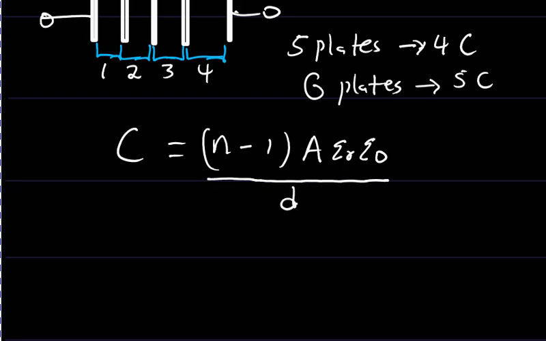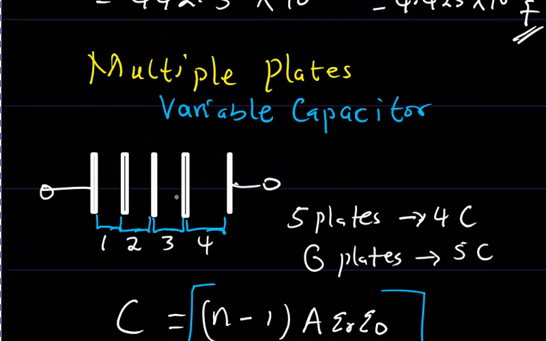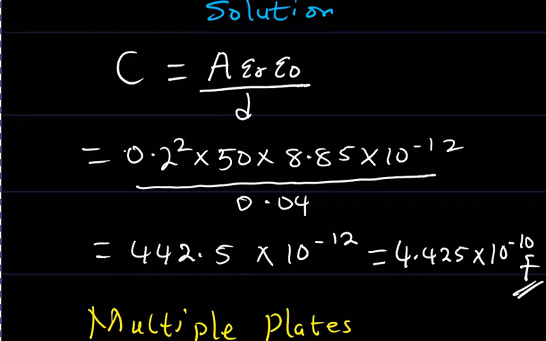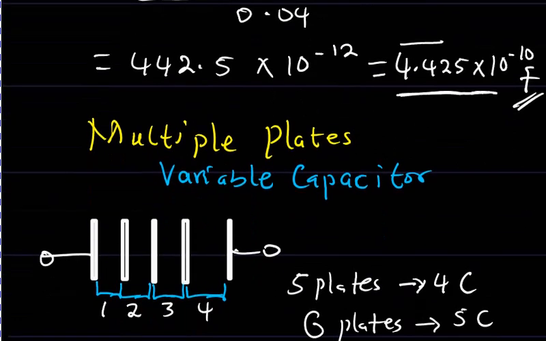So anytime you have multiple plates, for example, let's say the capacitor that we've calculated the capacitance of is now constructed into a multiple plate capacitor. This is the capacitance. Let's say the number of plates for this is 5 plates. So the question is, how do we now calculate the total capacitance?